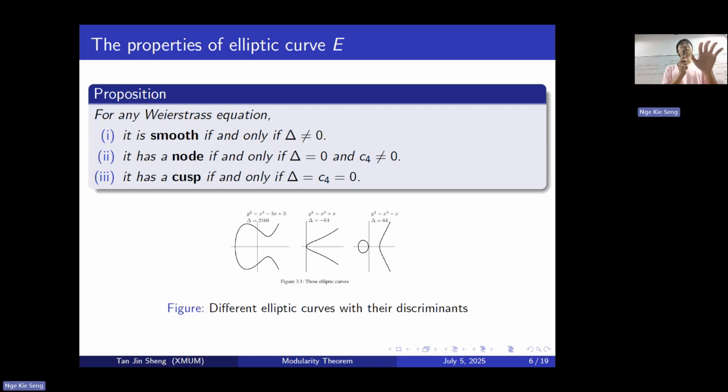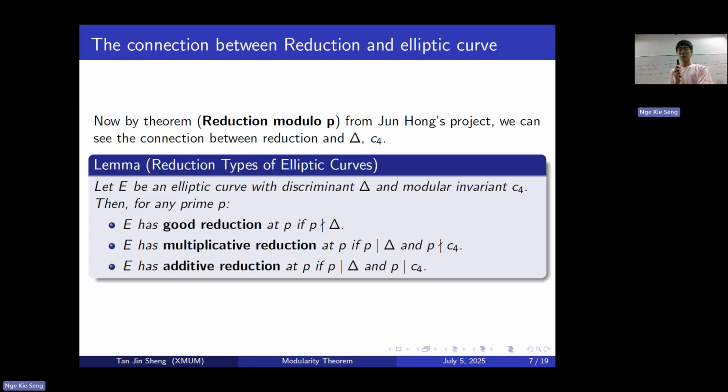Later we see the examples. The curve has a good reduction, when it has a bad reduction. Later we see it. Okay, additive reduction and multiplicative reduction can be combined to say as bad reduction.